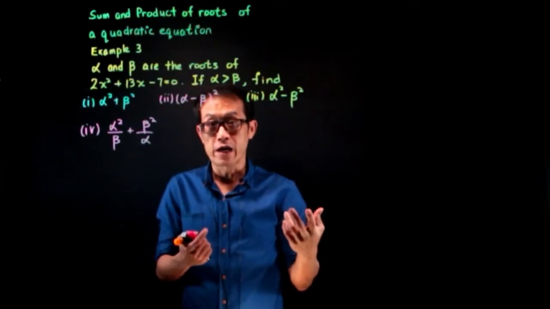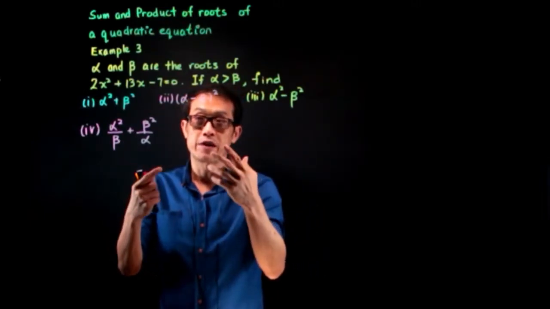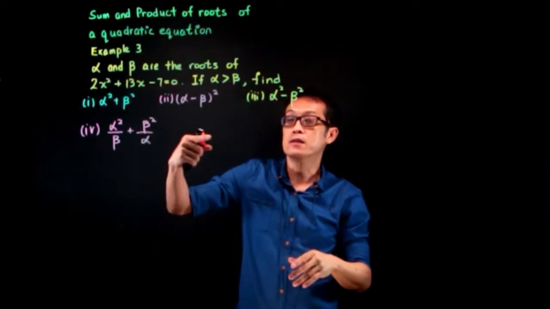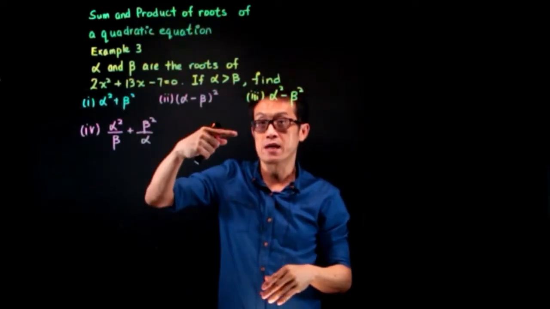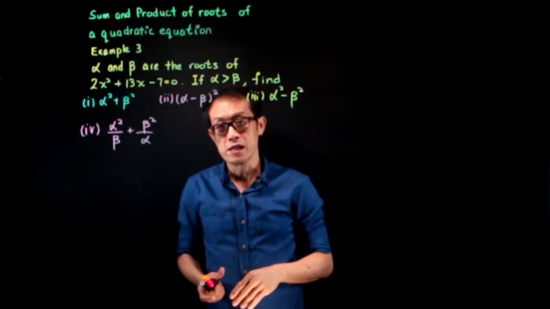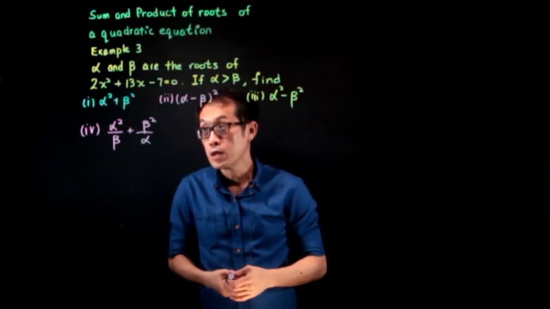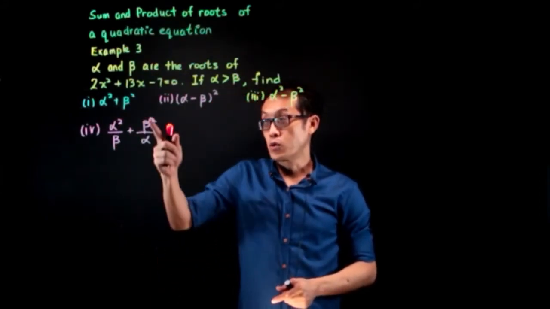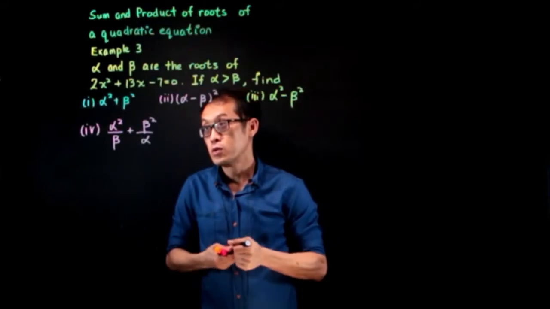And after we have done that, you can verify by working out the roots of this equation and checking against the answers that we work out, and you can see whether it matches or not. So without further ado, let's look at part 1.